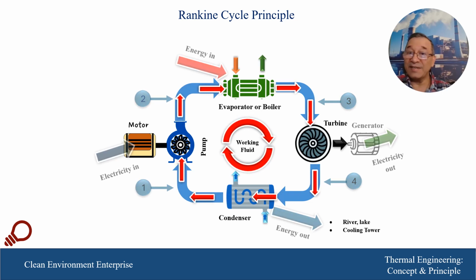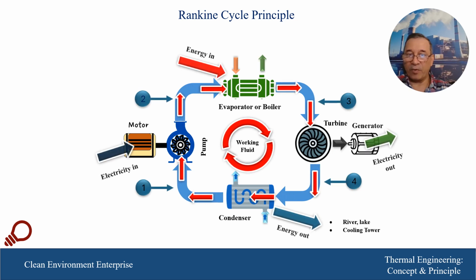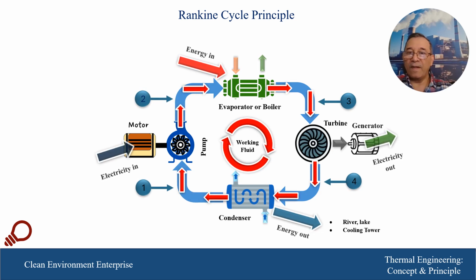The Rankine cycle is a thermal cycle. The simple one is composed of four components: evaporator, turbine, condenser, and pumping unit, which is the pump.